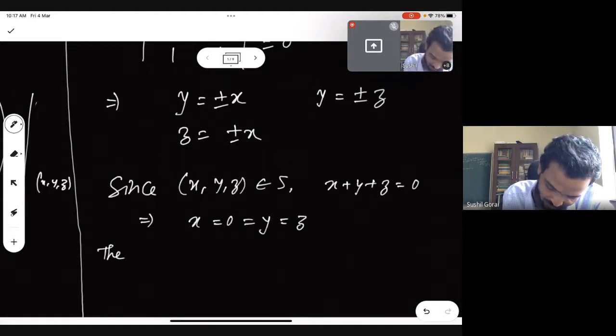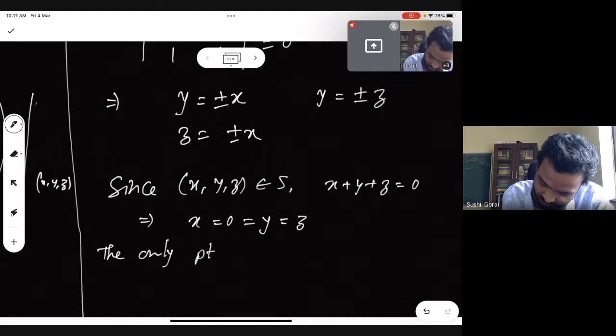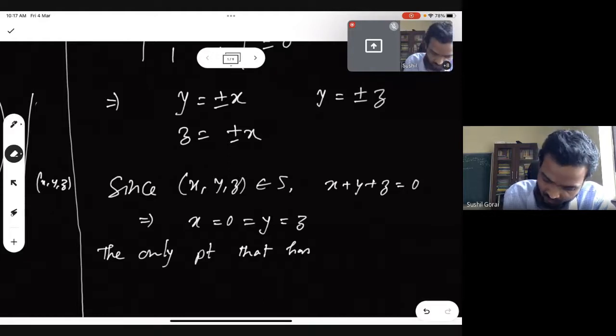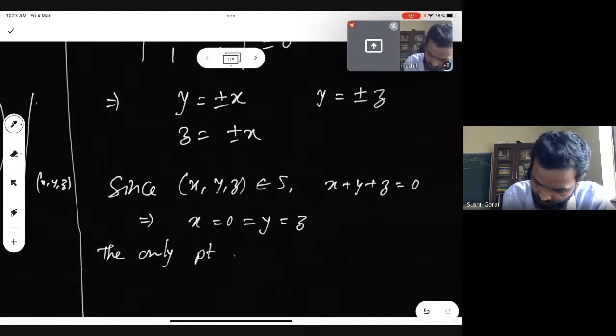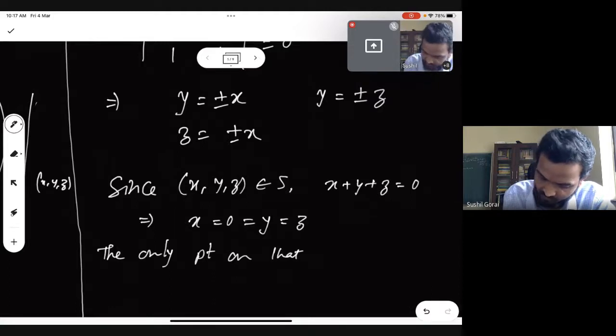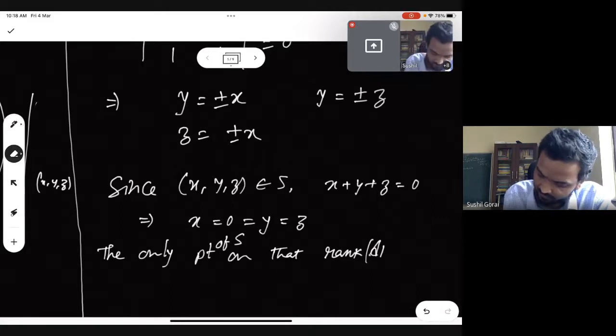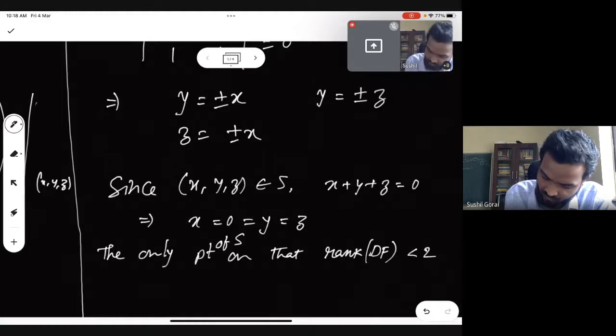The only point of S on which the rank of df is less than 2 is (0, 0, 0).